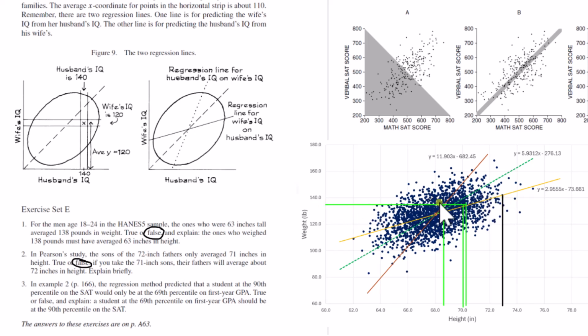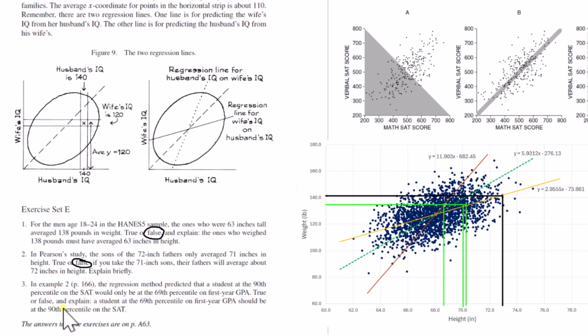We're a certain number of standard deviations away from the average in the x, but we're a lower amount of standard deviations away from the average in the y, right? Because it's like the correlation coefficient times the sigma y. So that's why if you have a 90th percentile in the SAT, that's the x-axis, then on average, you're going to be in a lower percentile with respect to the y-axis variable.